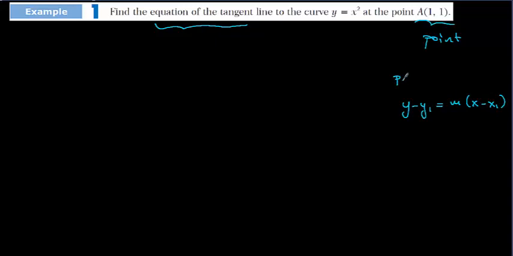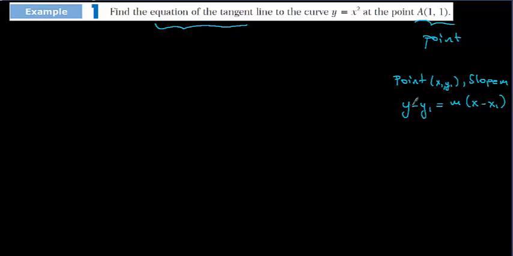This is the point, which is (x1, y1), and the second one is the slope, which is equal to m, the point-slope form of the equation of the line.